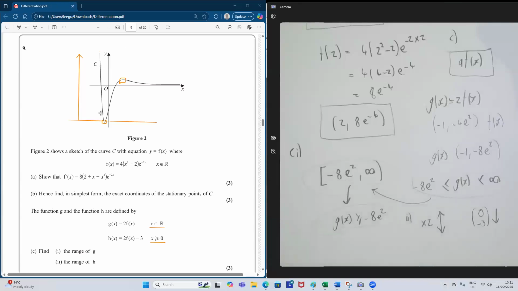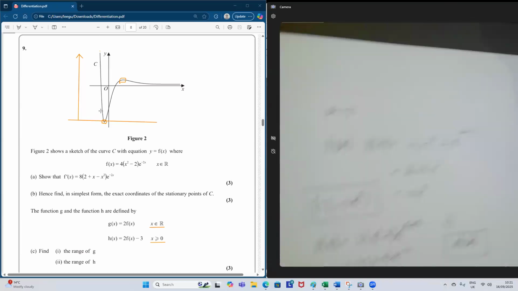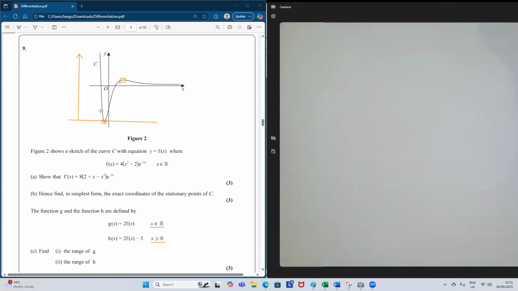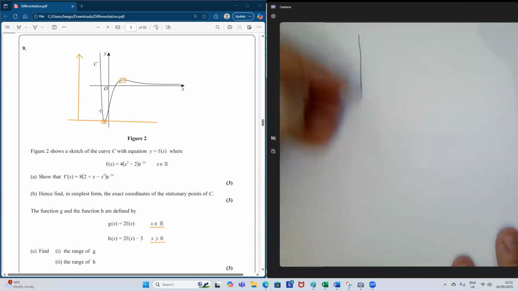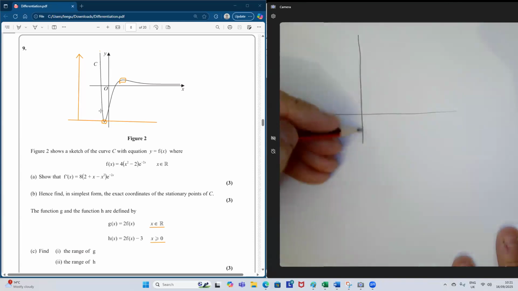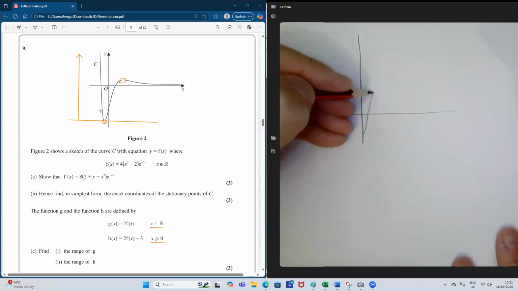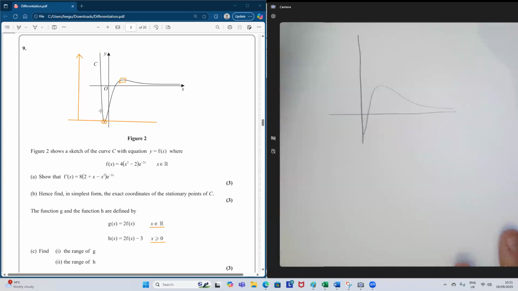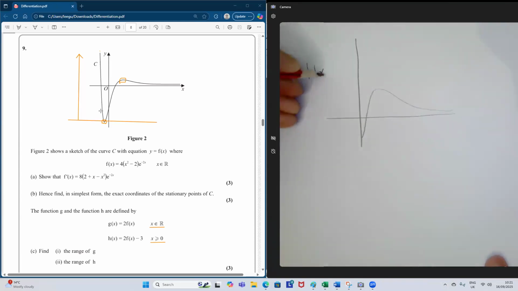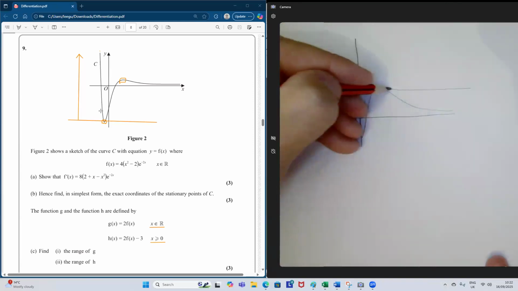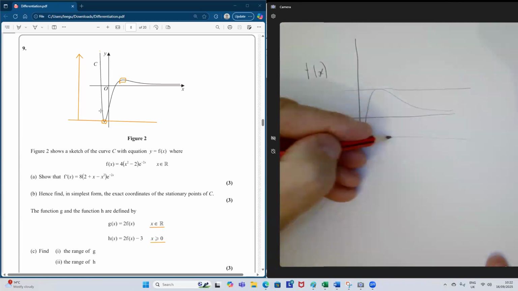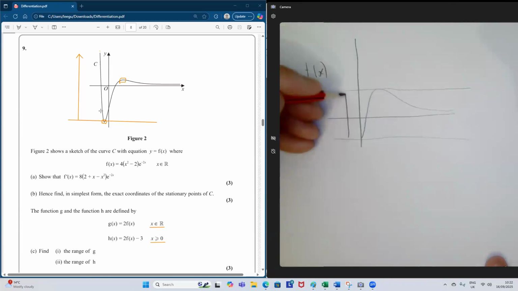So this bit over here on the left has now gone. That bit's vanished, and what we're left with now is just this curve like that. Now this changes everything, because our range for f of x is just going to be in between these values here.